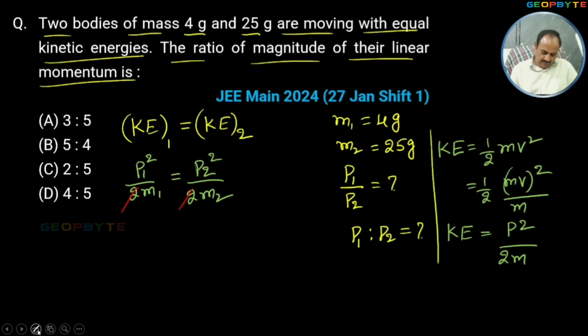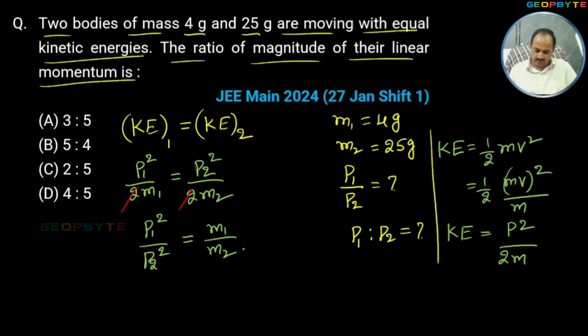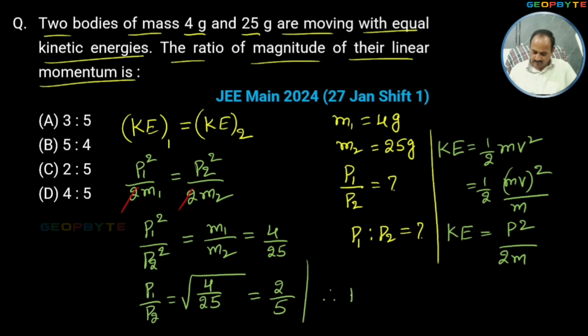Then P1 square by P2 square equal to m1 by m2, which is 4 by 25. Then P1 by P2 equal to root over 4 by 25, which is equal to 2 by 5. Therefore, P1 is to P2 is equal to 2 is to 5.